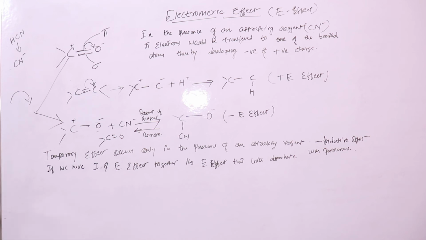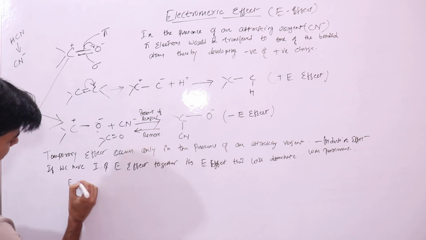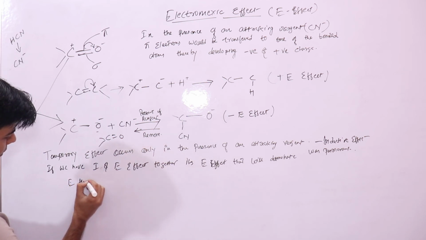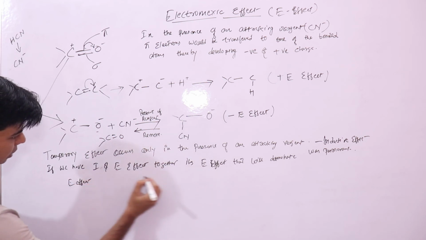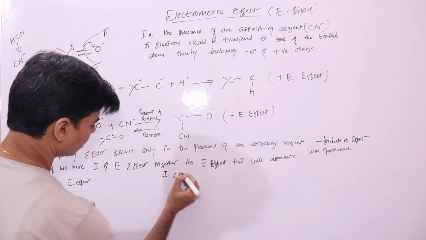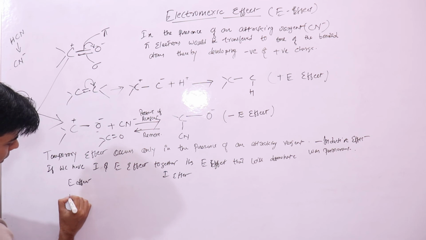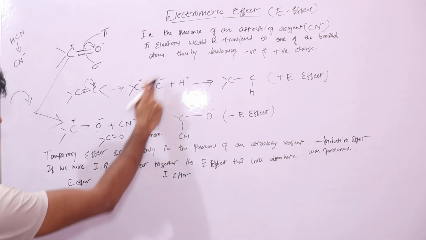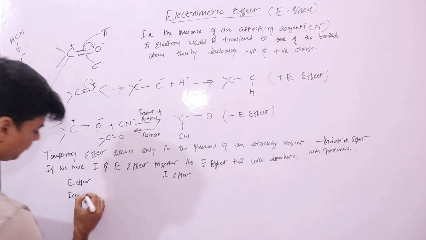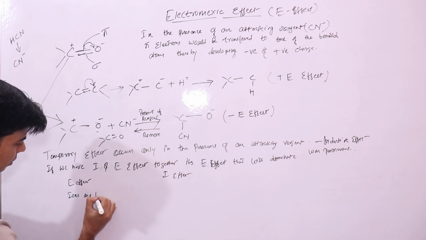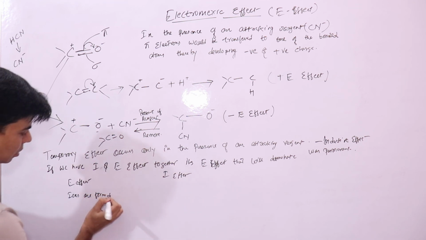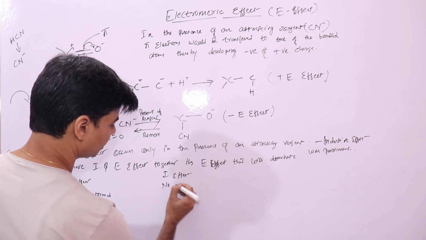So here in the E effect, ions are formed due to complete transfer of electrons. Here in the I effect, no ions are formed.